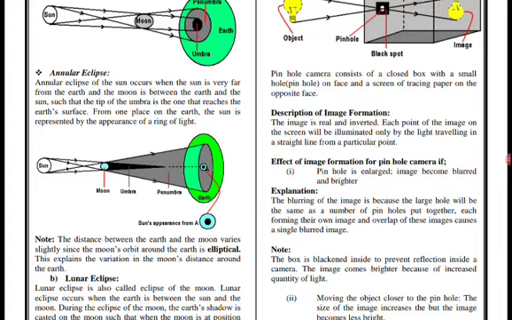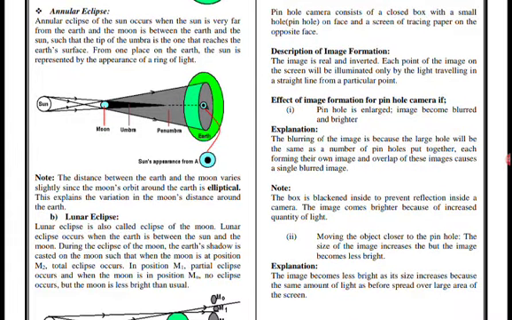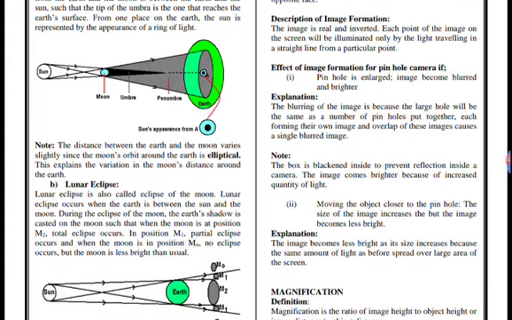So that means that this large hole will cause formation of multiple images, which will make it difficult for the observer to differentiate between them. Note, the box is blackened inside to prevent reflection inside the camera. The image becomes brighter because of the increased quantity of light. So there is too much light which is entering.